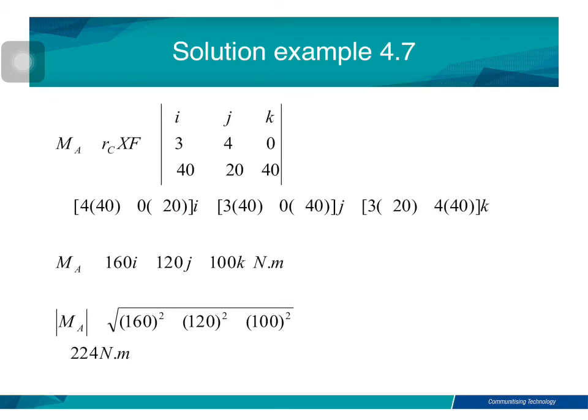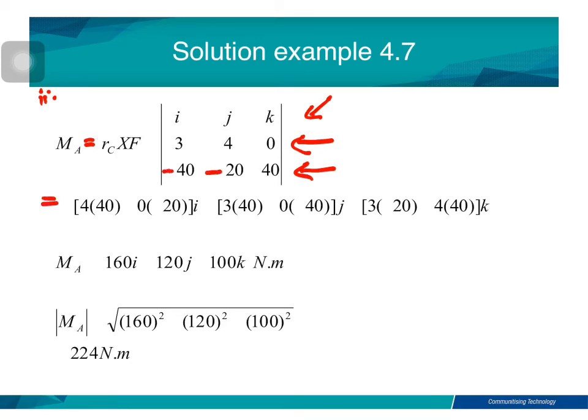Next, we're going to use the second method, which is MA is equal to RAC cross F, right? So here RAC cross F. We just write into this determinant I, J, K, and then this is R, because we already determined the R before, and then this is the F. This F is negative, and this one is negative.